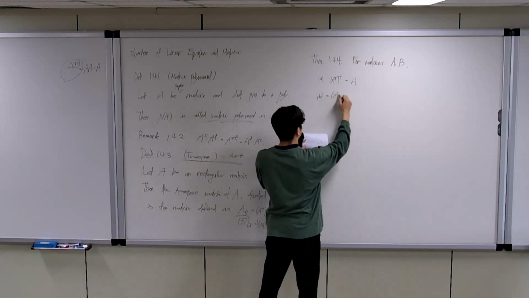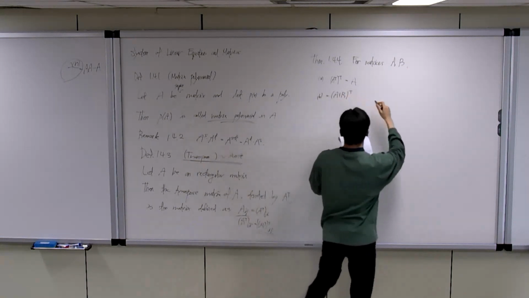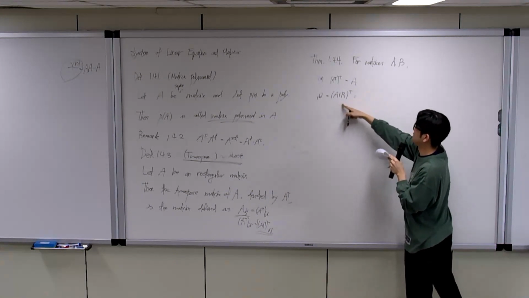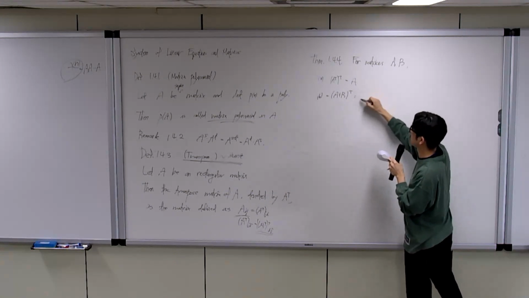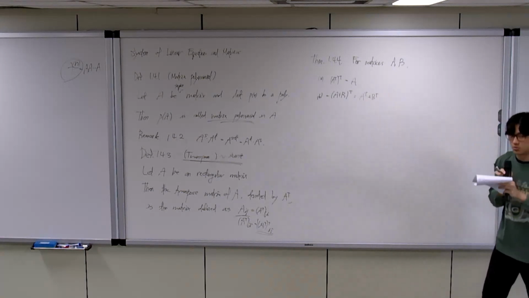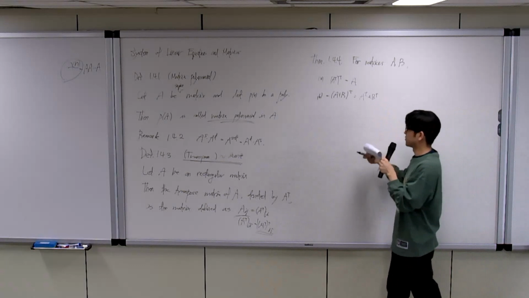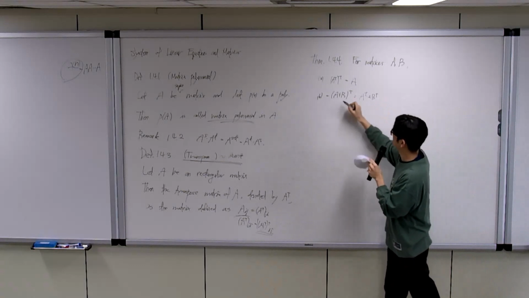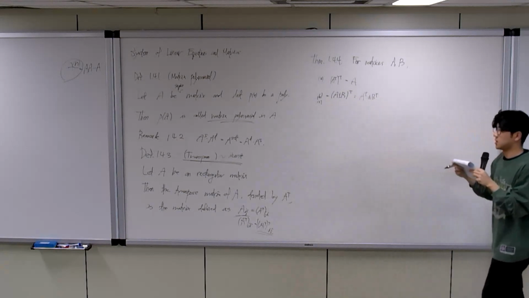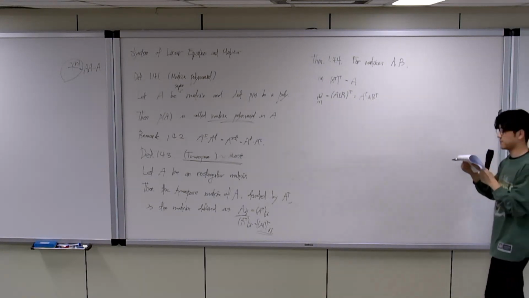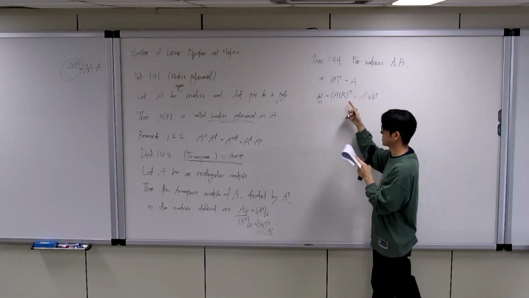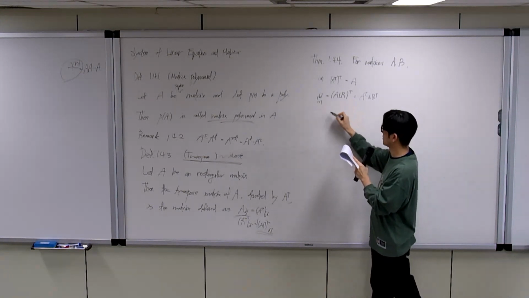And next, similarly, if you define this matrix's entries, then you will get the distribution rule for the transpose over addition, and it is also satisfied for subtraction.